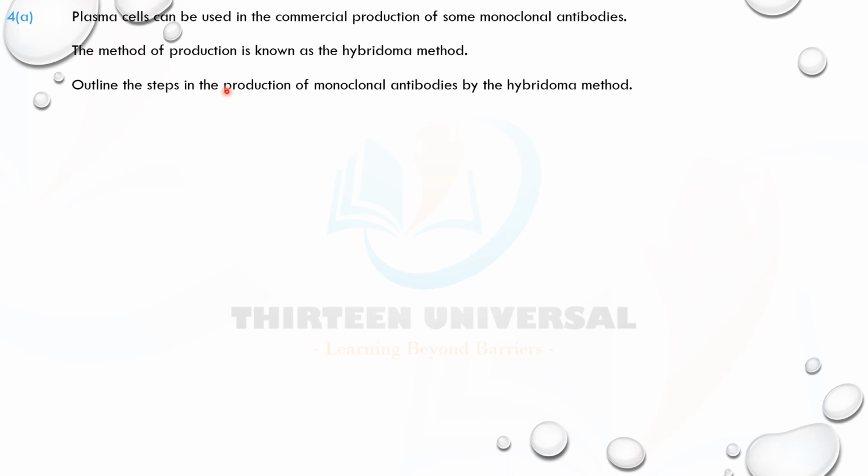Remember, antibodies are only produced against specific antigen. So if you want to produce monoclonal antibodies, the first thing you do is take the antigen that you desire to make the monoclonal antibody for. The antigen is injected into a small mammal, like a rabbit or mouse.